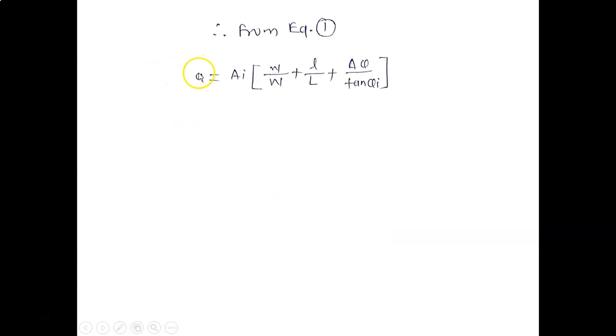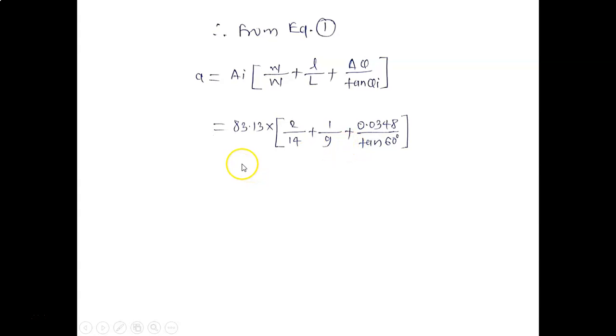Similarly, from equation 1, small a is equal to Ai into bracket small w upon capital W plus small l upon capital L plus delta theta I upon tan of theta I. Substituting the values, we get small a is equal to 83.13 into bracket 2 divided by 14 plus 1 divided by 9 plus 0.0348 divided by tan of 60 degrees.